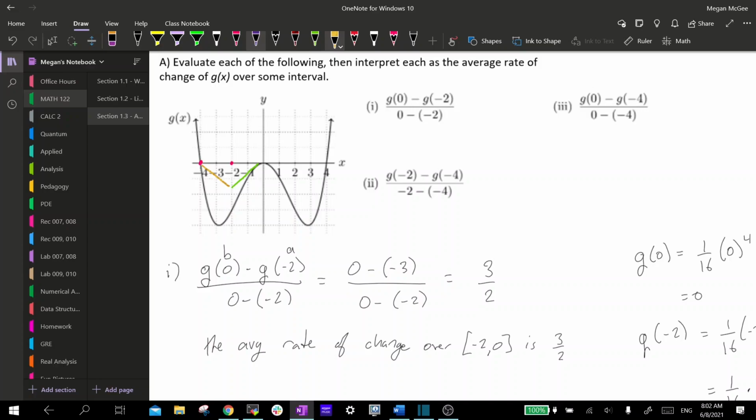Okay. And then finally, our third calculation was over the whole area. It was over -4 all the way to 0. And it was 0, so it averaged out to be a net change of 0. We went down the same amount that we went back up, so they canceled each other out.